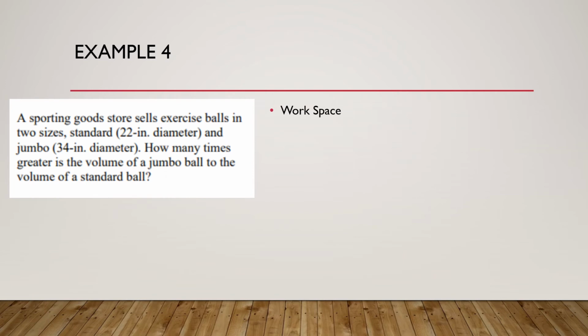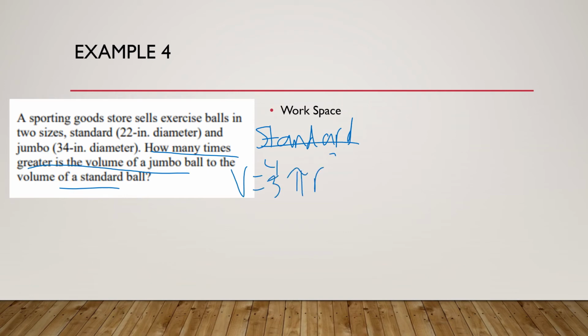All right, so now we have two different exercise balls. If they want to know how many times greater is the volume of the jumbo to the standard, then we need to find out both of them. So if we do the standard ball, again, our formula is 4/3 pi r cubed. So we'd have 4/3 pi.